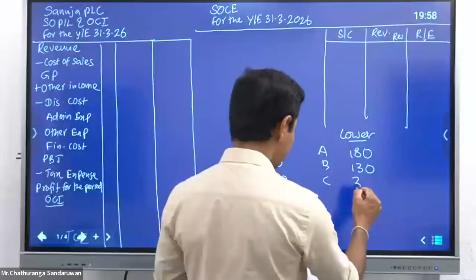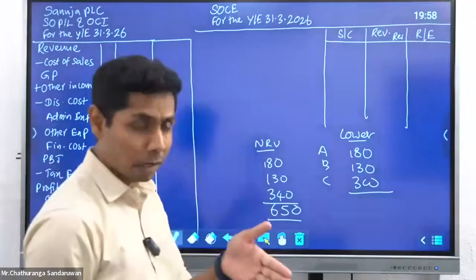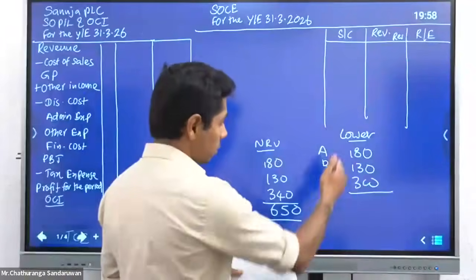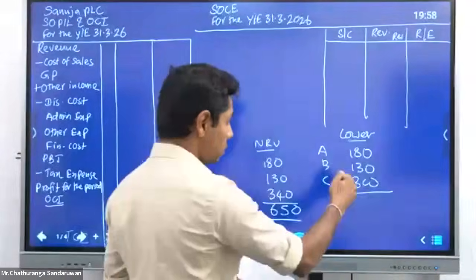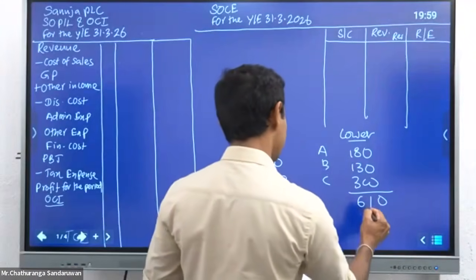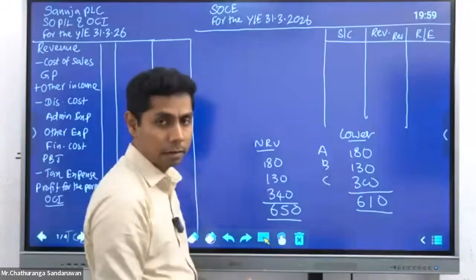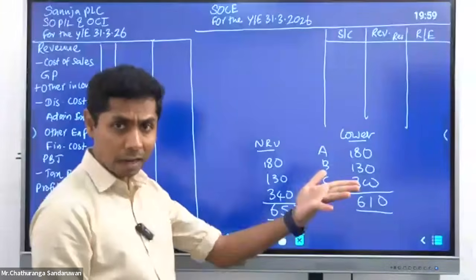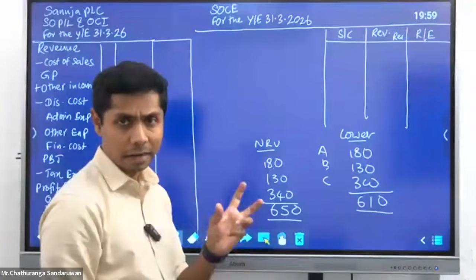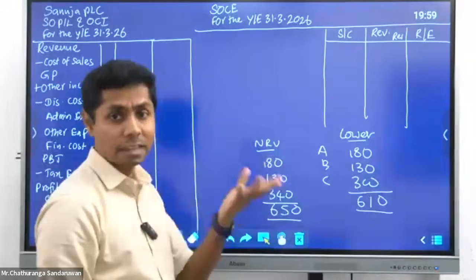C item lower is 300. So value of the inventory should be as per LKAS 2 accounting standard, lower of each item, right? 180 plus 130 plus 300 is 610. But it has been recorded at 650. So it is 40 more than the corrected amount, right? 40 more, or 40 excess, right?